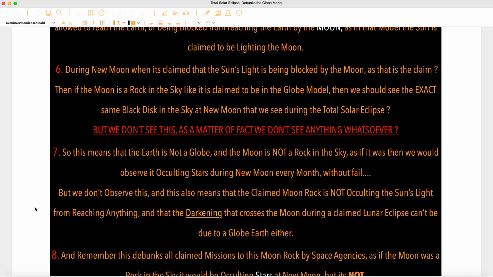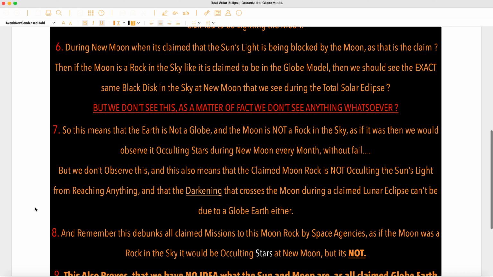Seven: this means that the Earth is not a globe and the moon is not a rock in the sky. As if it was, then we would observe it occulting stars during new moon every month without fail. But we don't observe this, and this also means that the claimed moon rock is not occulting the sun's light from reaching anything, and that the darkening that crosses the moon during a claimed lunar eclipse can't be due to a globe Earth either.